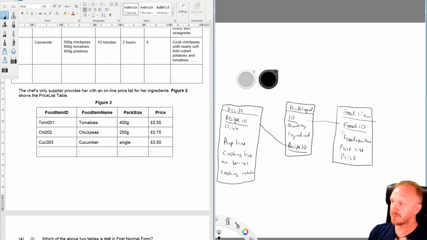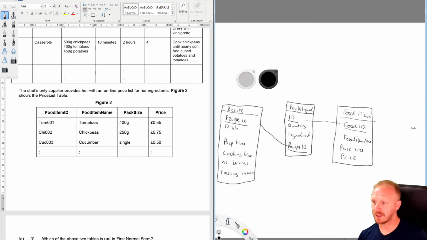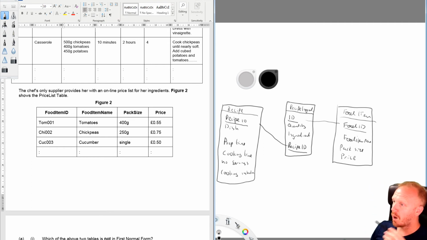It turns out for this particular question, the only thing that was needed was putting it into first normal form. It even told us that in the question by saying which of the above two tables is not in first normal form. And it's worth knowing this is the only question in the whole of the history of AQA questions that are publicly available where you're actually asked to perform a full normalization, and it's only a first normal form.